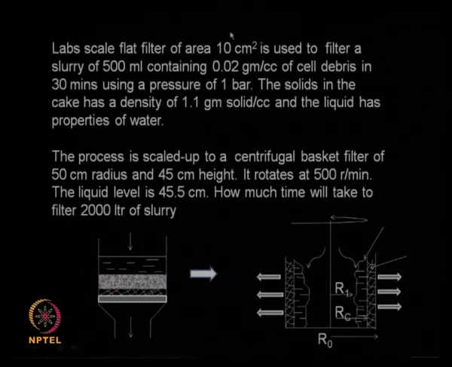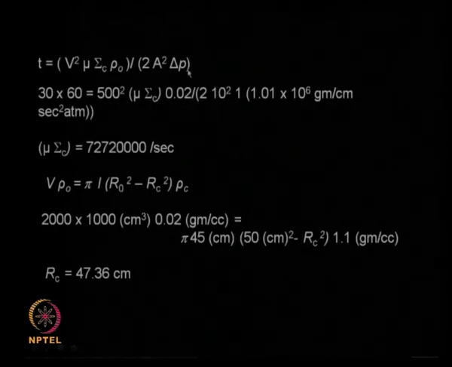Now many data are given for the lab scale flat filter. If you recall again, this is the equation for the flat filter: the time in terms of the volume that needs to be filtered, the viscosity, the rho naught, the area of the filter setup and the delta P. It says 30 minutes, so we are converting that into seconds, and the volume that needs to be filtered is 500 cc, so I have put that in here.